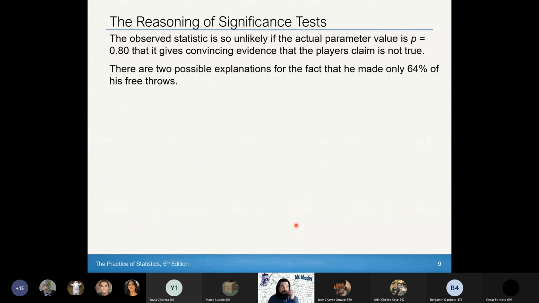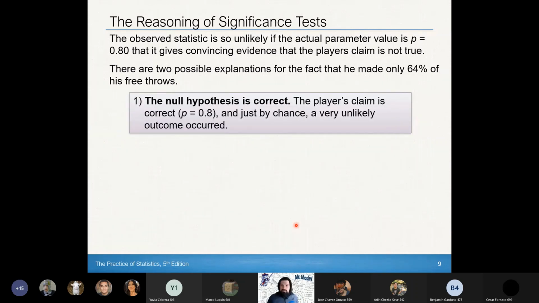There are 2 possible explanations for the fact that he made only 64% of his free throws. These are not answers, these are just ways that we could reason how this happened. There's 2 options. 1, the null hypothesis is actually correct, the player's claim is correct, and just by chance, a very unlikely outcome occurred.